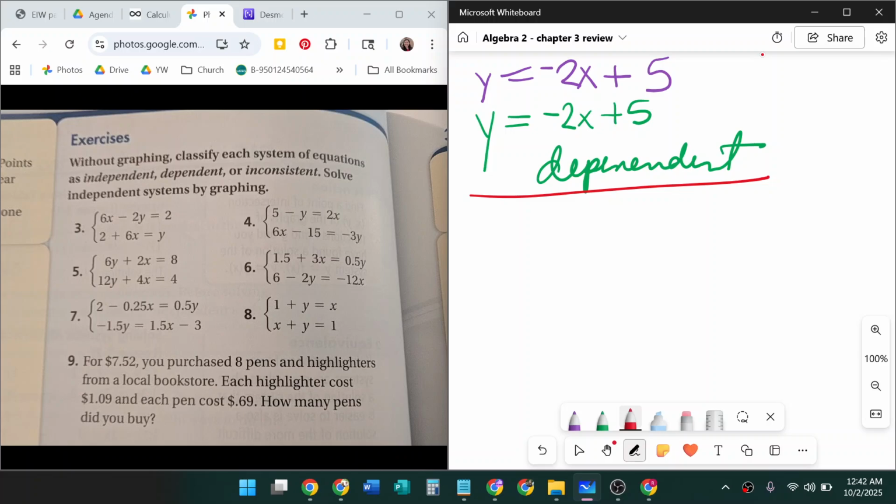All right, let's do number 5. Some of these you can kind of tell, and it's a little bit easier, especially if you act like you're about to solve them using substitution. So for number 5, let's divide everything by 2. And then for the bottom, let's divide everything by 4.